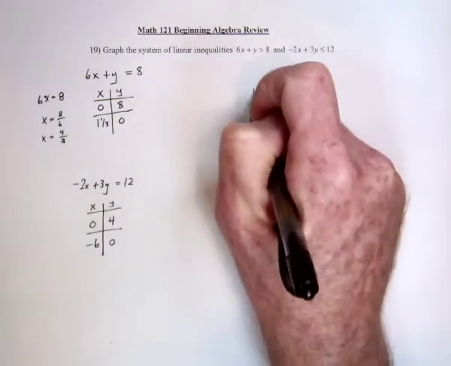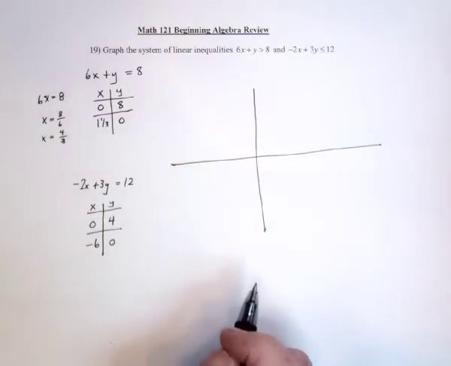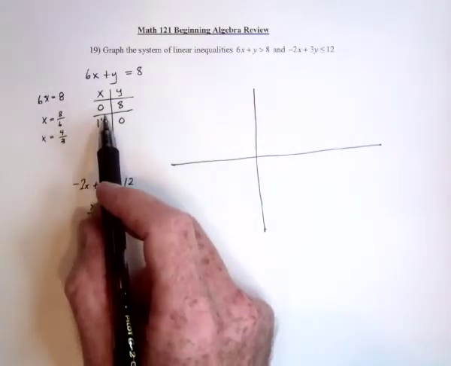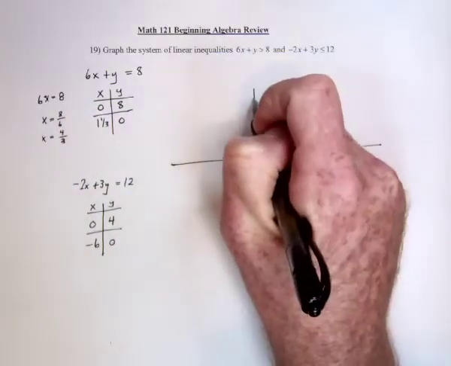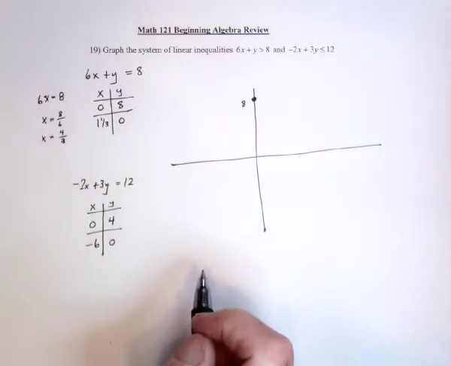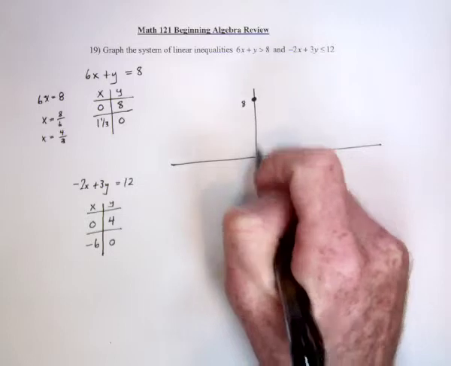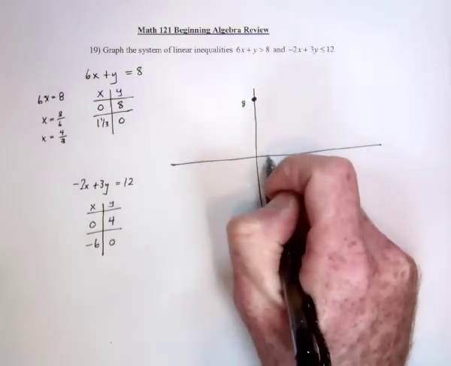Okay, now for the graph. So first of all, for this one there would be 0, 8. So 0 for x and 8 for y. Next is going to be 1 1/3. So if that's 8, right about there would be 2. 1 1/3 is going to be pretty small.